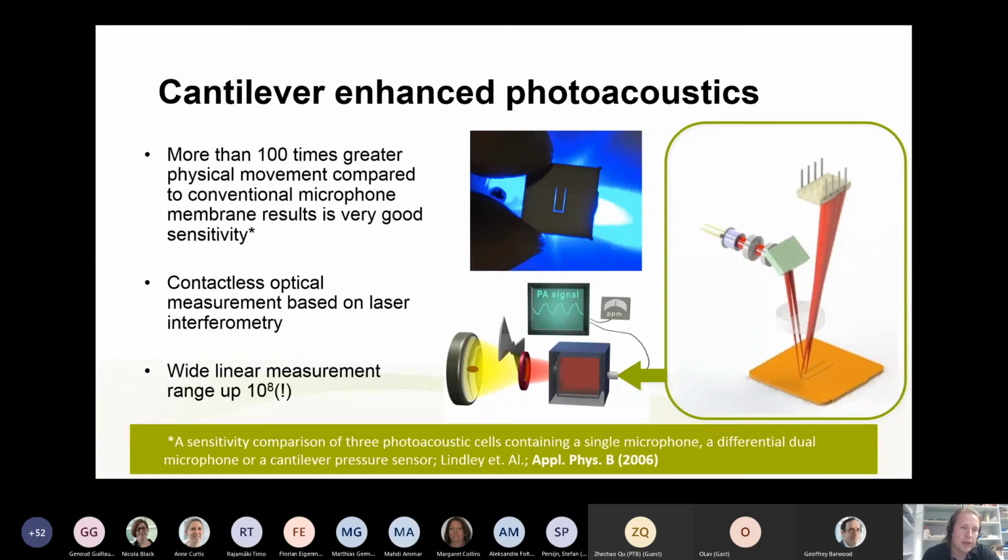And one other claim, some might consider this to be a bold claim, but we do claim that this cantilever-based photoacoustics is approximately 100 times more sensitive than conventional membrane microphones. And there are a couple of publications that you can check to verify these numbers.